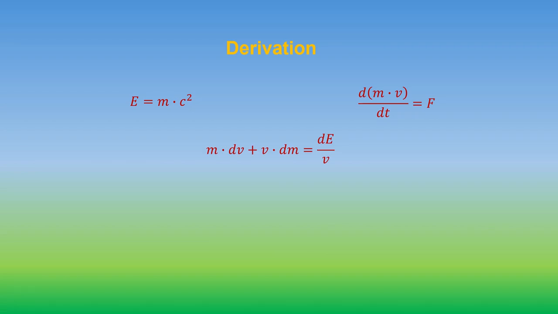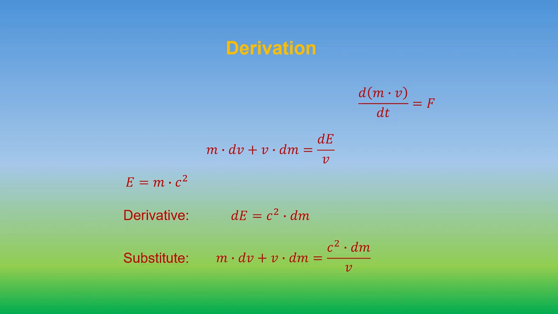Now we introduce the Einstein equation E equals mc squared. In differential form, this becomes dE equals c squared times dm. Substitution into our result leads to m times dv plus v times dm equals c squared times dm over v.